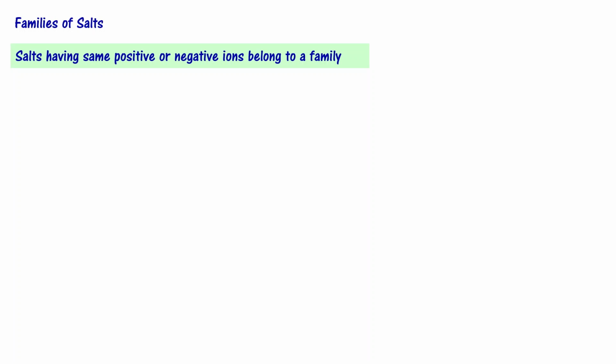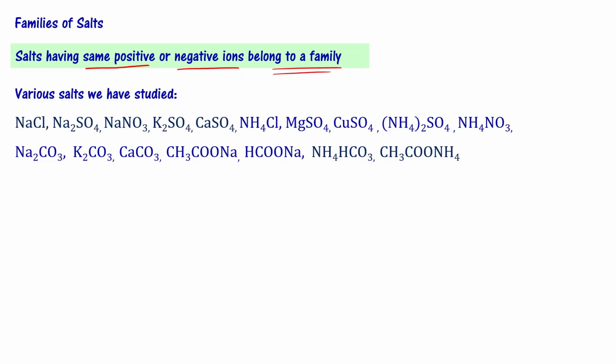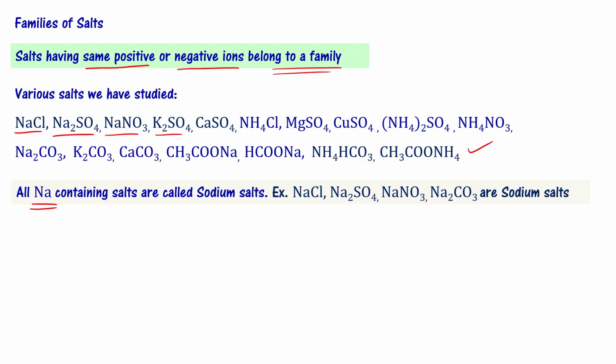And now let's look at families of salts. Salts having the same positive or negative ions belong to a family. For example, we have seen multiple salts, right? NaCl, Na2SO4, NaNO3, K2SO4, like that we have seen a bunch of salts. All sodium containing salts are called sodium salts, or they belong to the family of sodium salt.